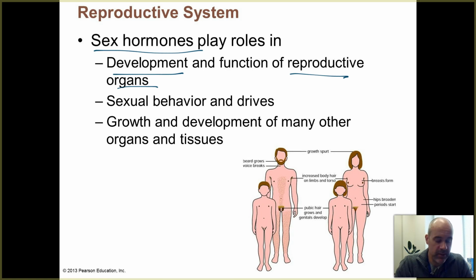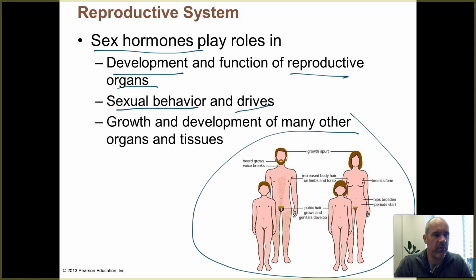The sex hormones are also important for sexual behavior and sex drive. That drive to reproduce, sort of important if you want to continue as a species on the planet. And also the growth and development of many other organs and tissues. And as I mentioned earlier, these sex hormones are what stimulate various tissues throughout the body to take on the characteristics that we associate with an average male and an average female, which you can see some of those characteristics highlighted here on the slide.